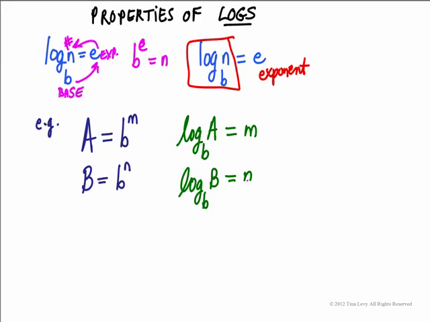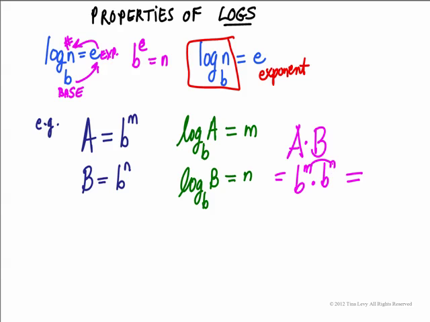We now want to investigate what happens when we multiply a times B. Well, each of a and B are actually powers of little b. So a is b to the m, capital B is b to the n, and so for our rule for exponents, when you have the base appearing twice like this, when you're multiplying two exponentials, you add the exponents.